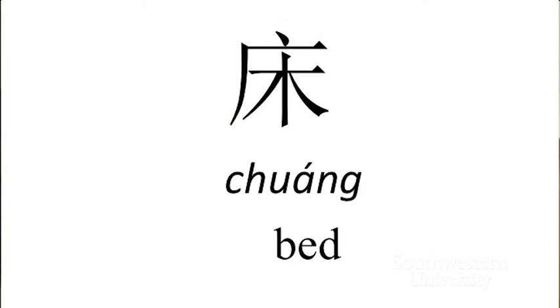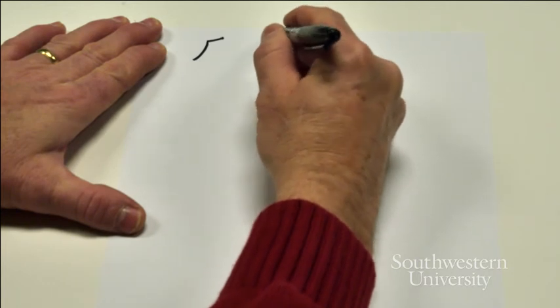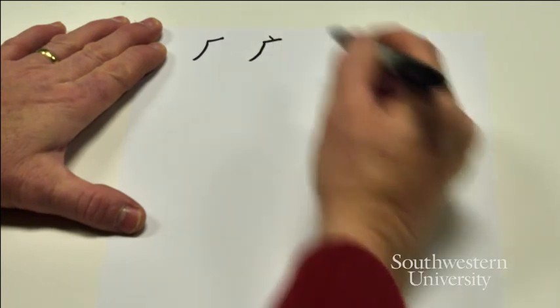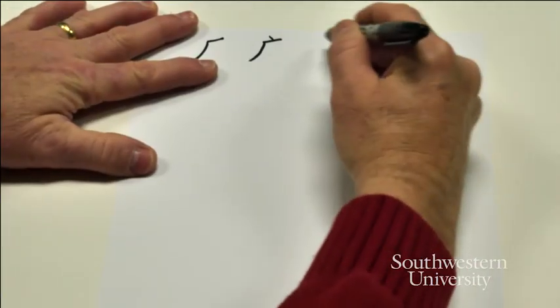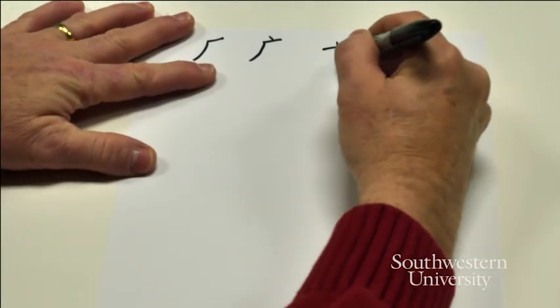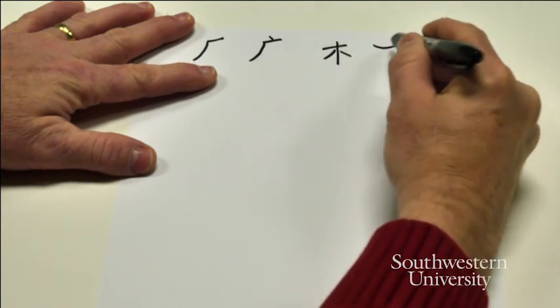The next character is bed. So we've seen this component a number of times in different characters. In this case, it has a dot on top. It still indicates a shelter or something to do with shelter. The component underneath is mu, in this case meaning wood. Originally, mu is a depiction of a tree.